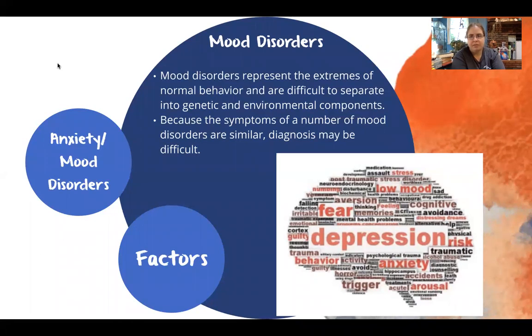Because the symptoms of a number of mood disorders are so similar, it often is very difficult to diagnose them. That's why they come up with different tests, where you can answer questions and they can at least narrow it down to one or two possible options for mood disorders.